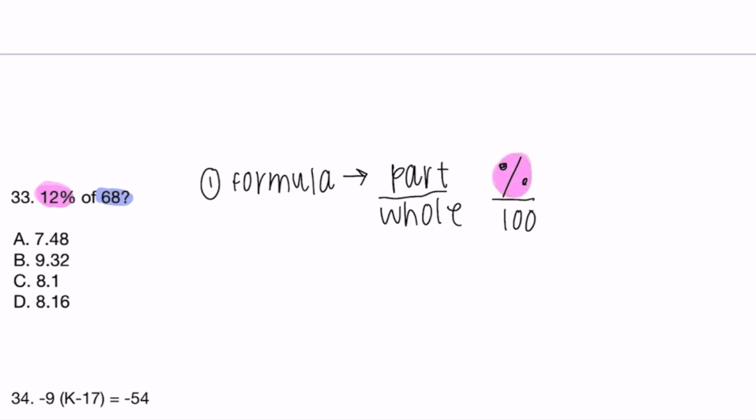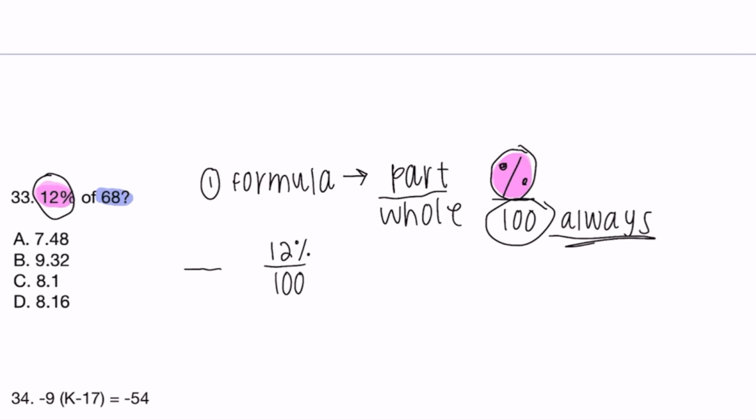Okay? Always, always, always. So let's put our 2 formulas down. Since it gave me 12%, you just put it in the percent place. So 12% is going to go here. And then this 100 is always there. Always, always, always. That is always 100.